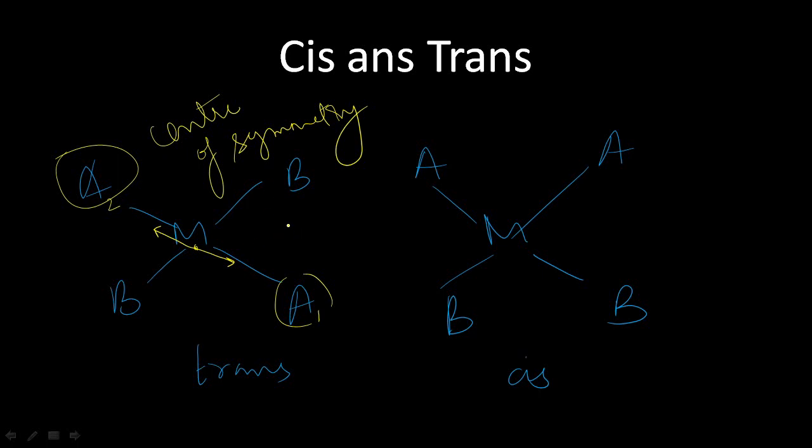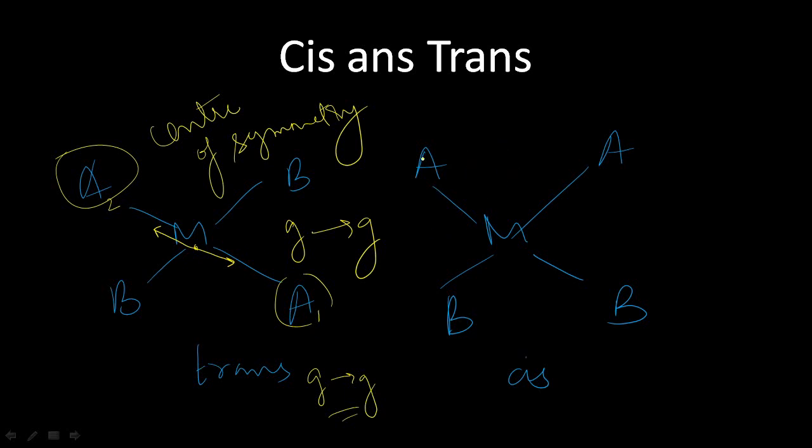So what happens? The transition is g to g, which is Laporte forbidden. The transition does not take place from g to g. So these are pale, or have very low intensity.